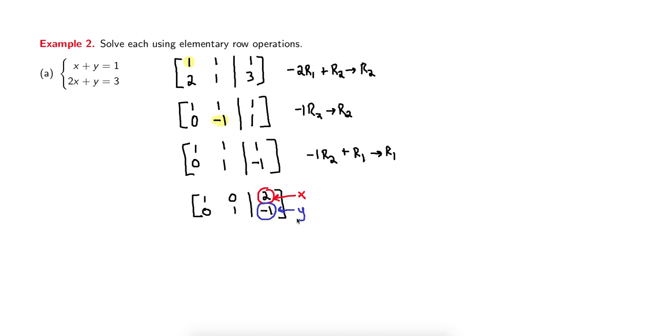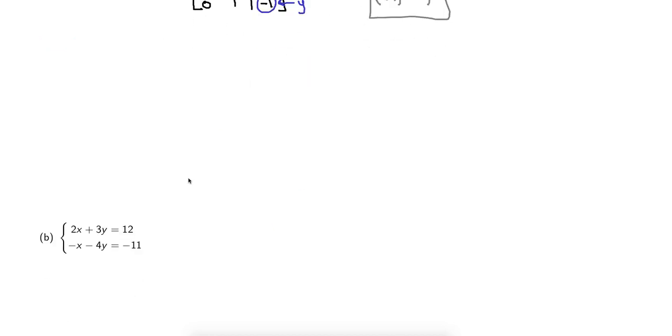So our answer to this system is x is 2, y is negative 1, which is exactly what it was in the previous video when we used the graph and the transformation of the coordinate plane in i hat and j hat. All right, let's try example 2b.